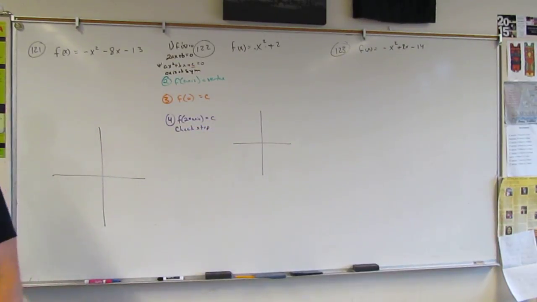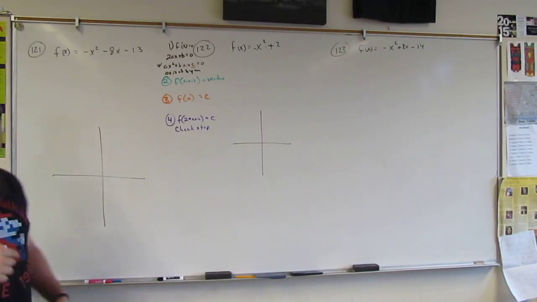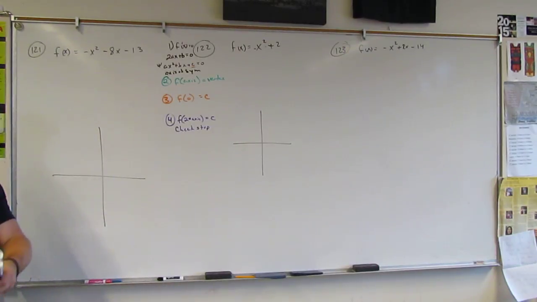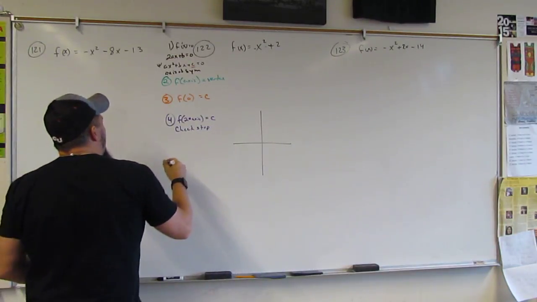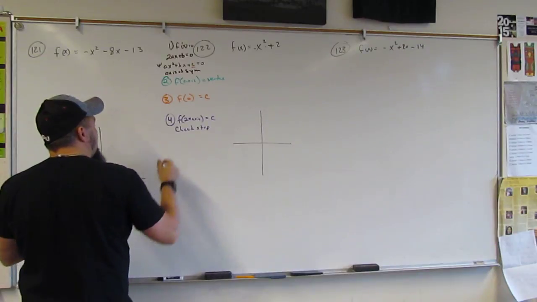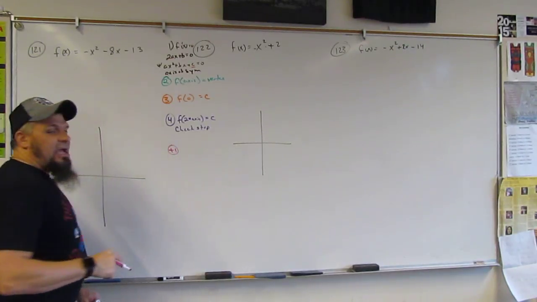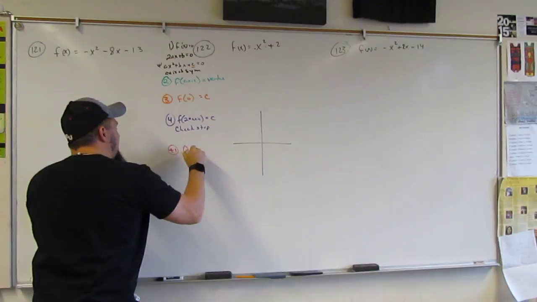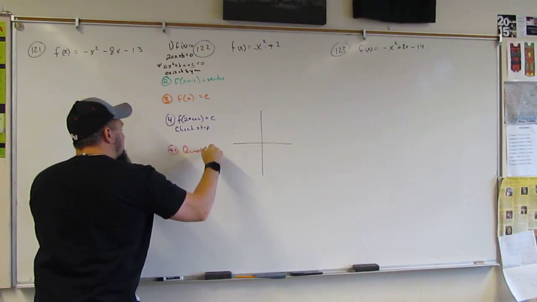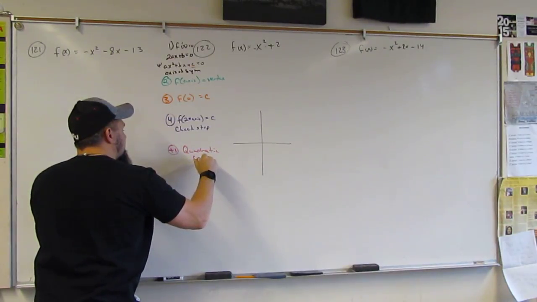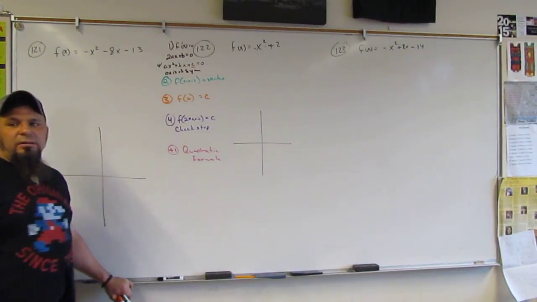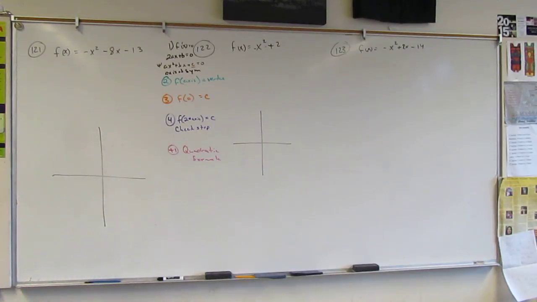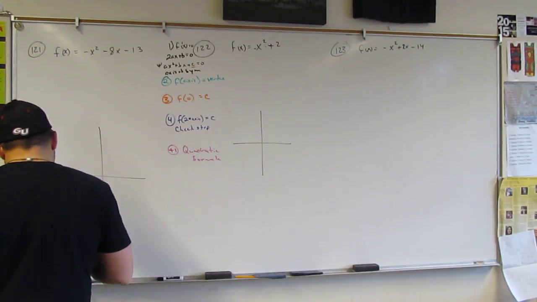Now, if they want the x intercepts, then that would be the plus 1, and the plus 1 step would be the quadratic formula. That would find your x intercepts.